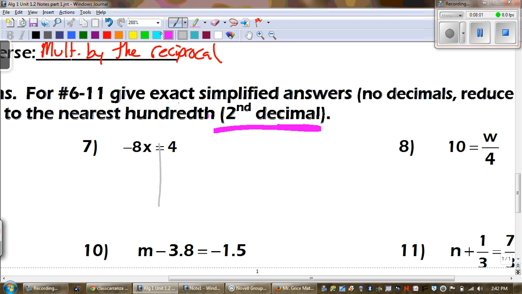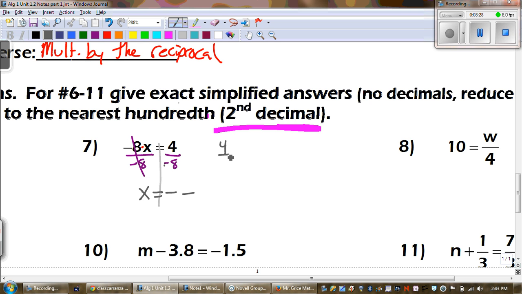All right. So in between here, we have multiplication. And to get rid of multiplication, we divide. So I have to divide both sides by -8. I cross that out, and I get that x equals -4/8.